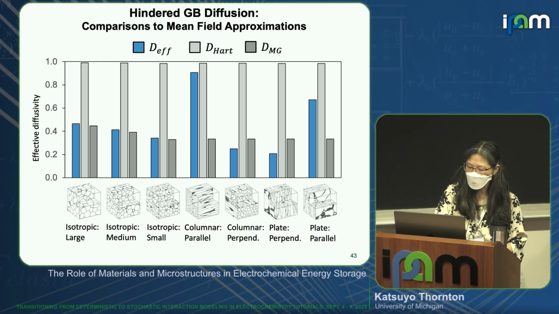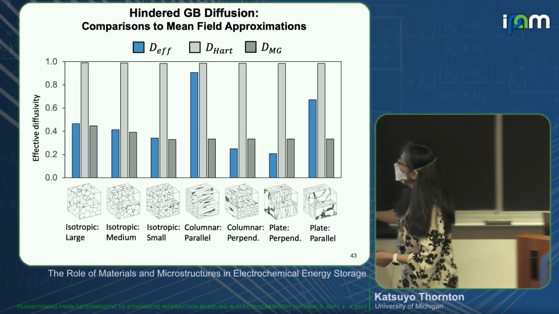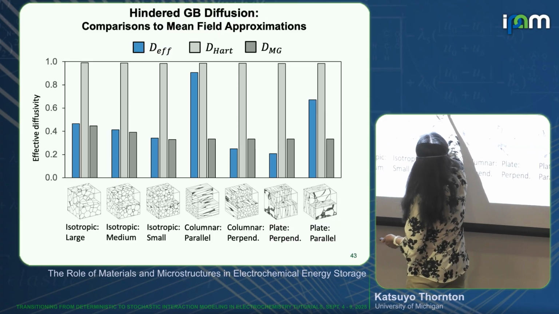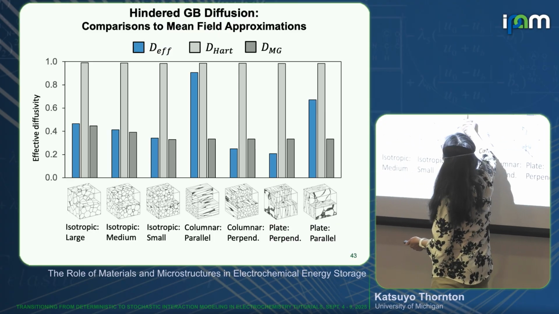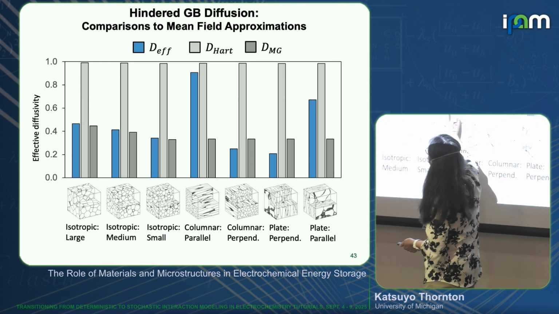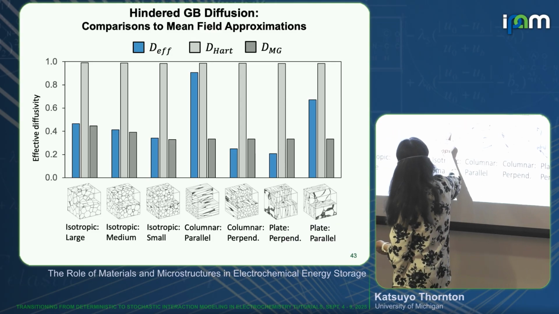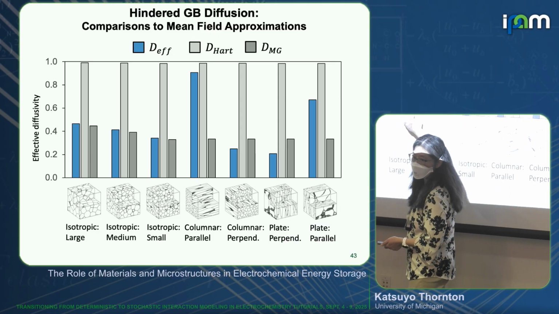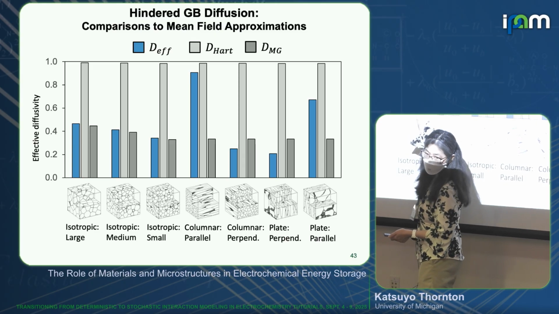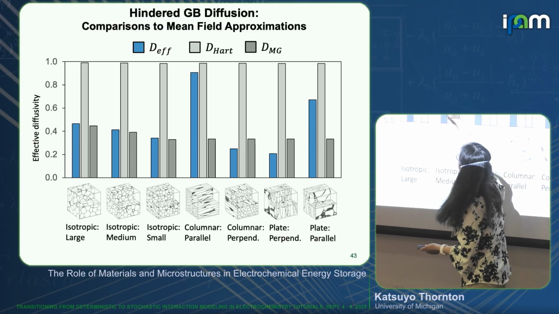Another thing we did, okay, one thing I should say is that Hart's model, the root of mixture, does pretty well, which is this one, light gray. It matches pretty well, right? For isotropic structures, Maxwell-Garnett does pretty well. Look, this is a pretty good match, maybe within 10%.